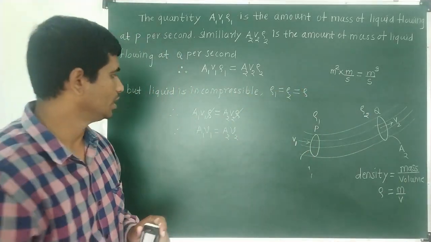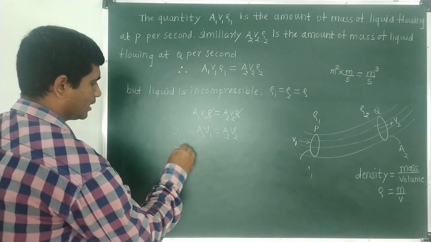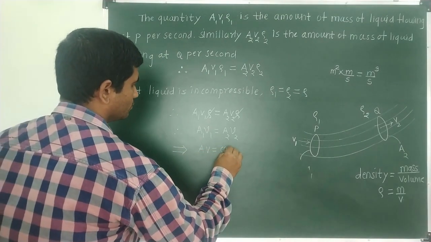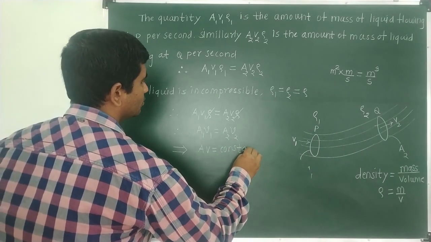at the same rate it is flowing at the point Q as well. Okay, so from this one we can write, this implies AV is equal to constant.